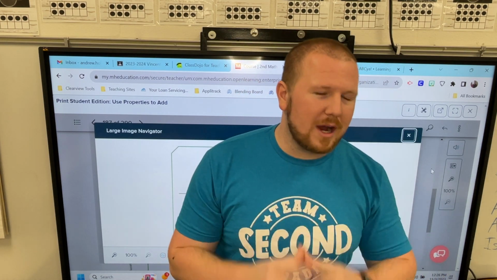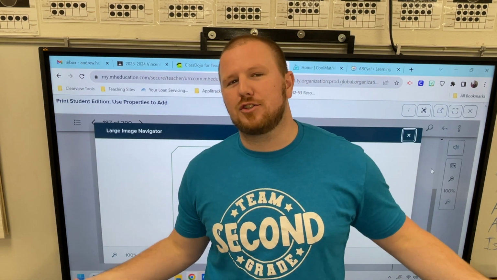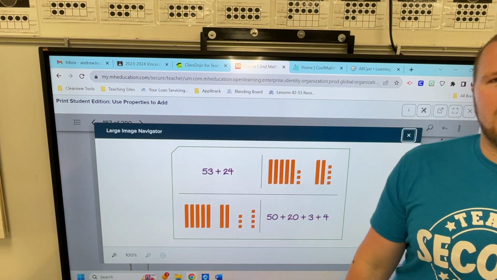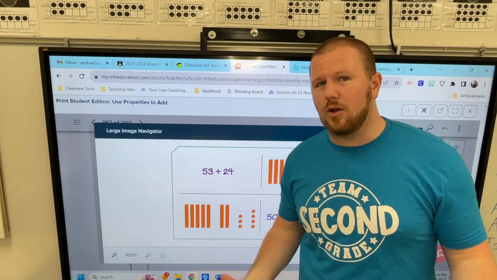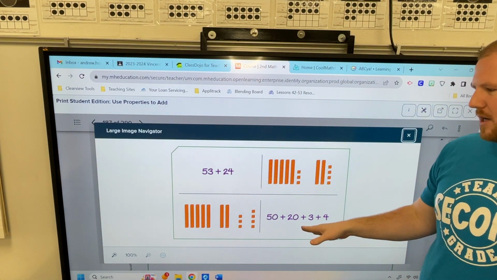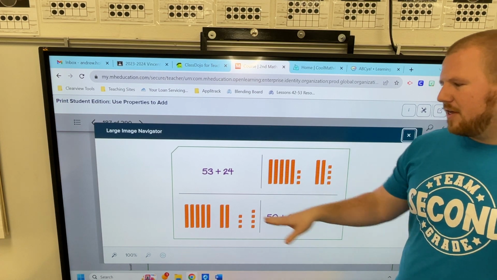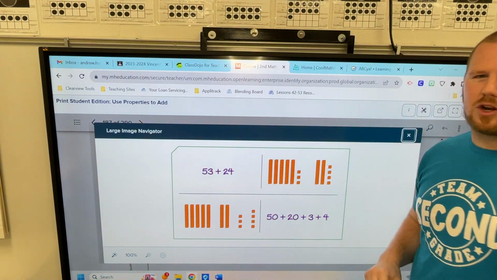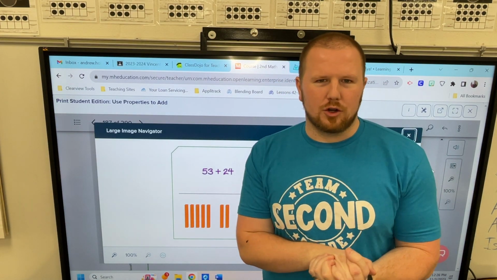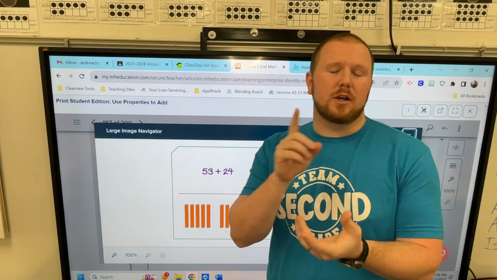Now, what they're trying to teach us is several different strategies on how we can do it. So for instance, this was on the front of one of our lessons. We are using the reveal resource. It shows us two different equations, and they use base 10 blocks. That's what these are called, because once you get 10, it makes another group. If you have 10 ones, it makes one group of 10.